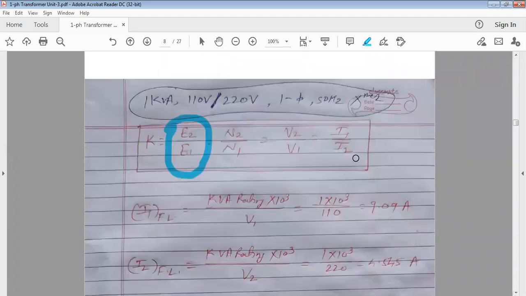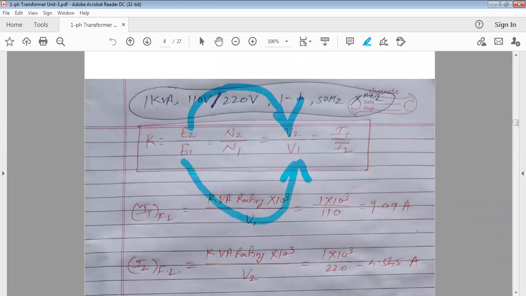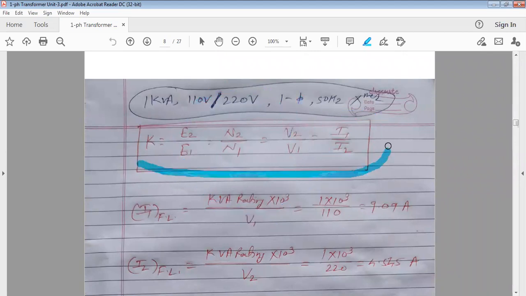But when the transformer is at no load, when the secondary is open, E2 will be equal to V2 and E1 is equal to V1. And V2 by V1 is I1 by I2. So when the transformer is at no load condition, you can use this formula.